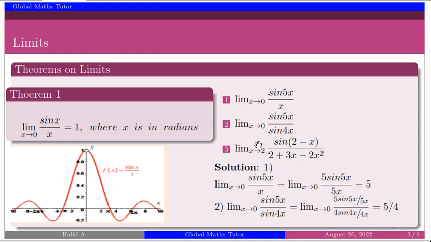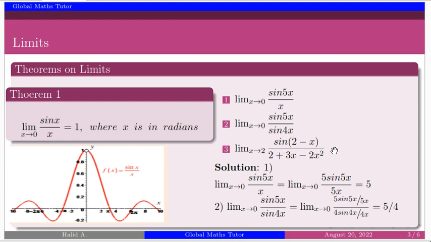For question number 3, the limit as x approaches 2 of sine of 2 minus x over 2 plus 3x minus 2x squared. The first thing we do for limits is check by substituting whether this denominator's value is 0.